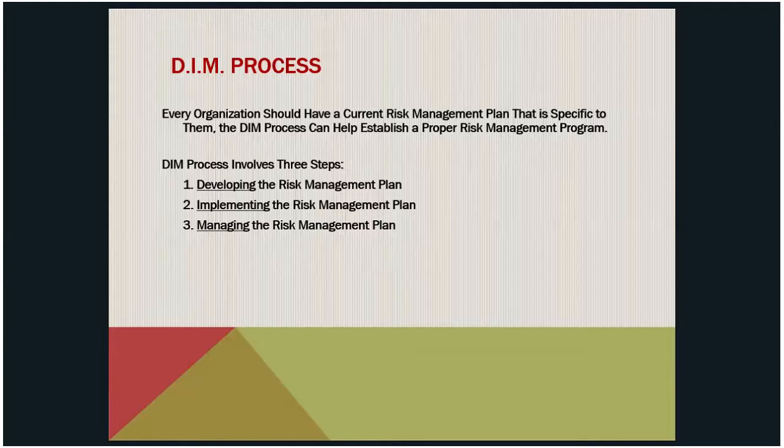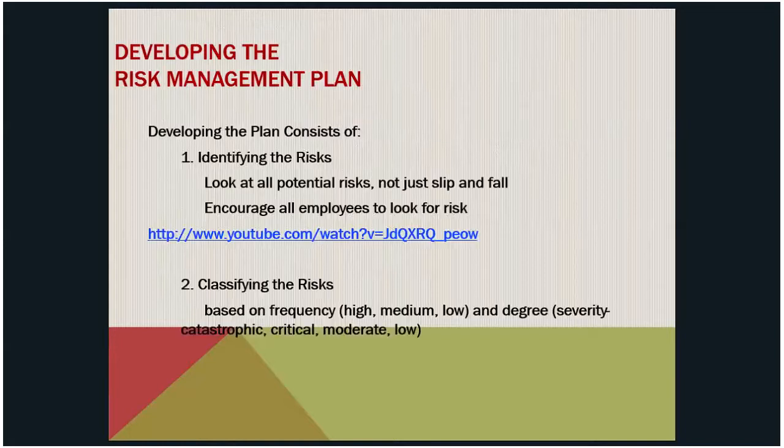One way to look at risk management is to develop a risk management plan. Three steps, a DIM process: develop, implement, and manage. Develop the risk management plan, implement the risk management plan, and manage the risk management plan.